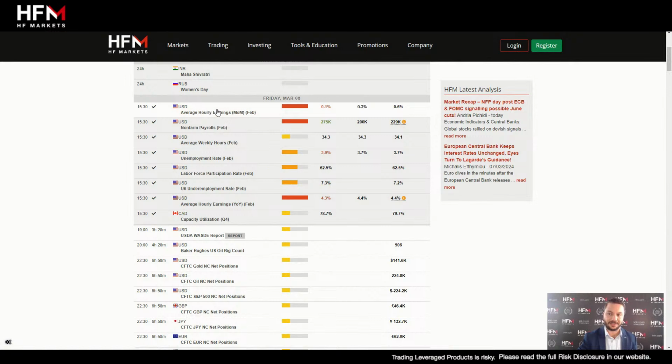But something which is significantly important for inflation, and of course, everything about now is about tackling inflation, which has been stickier than expected. If we're going to take that into consideration, ladies and gentlemen, of course, we're looking at the average hourly earnings coming in lower than expected, and the yearly average hourly earnings lower than expected again.